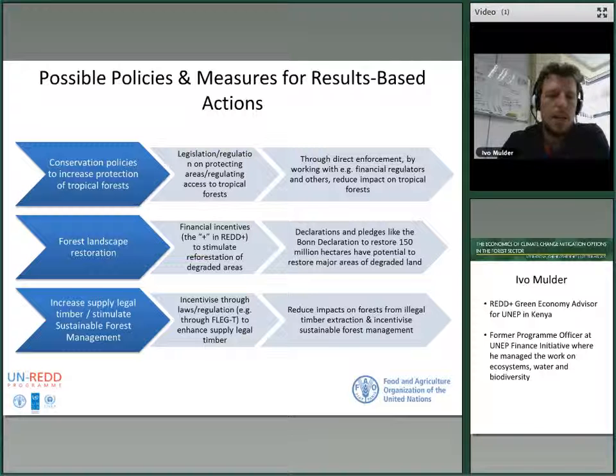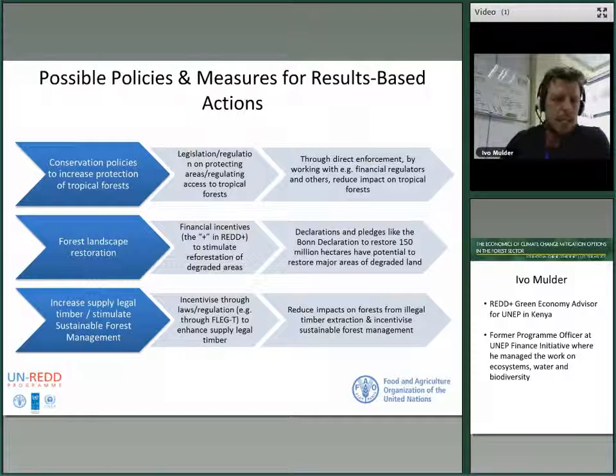And forest landscape restoration, so for countries who want to prioritize, say, the plus in REDD+, increased enhancement of forest carbon stocks, it's important to see how investments in forest landscape restoration can contribute to REDD+ and lead to potential results-based payments.